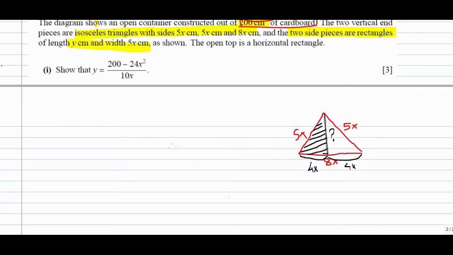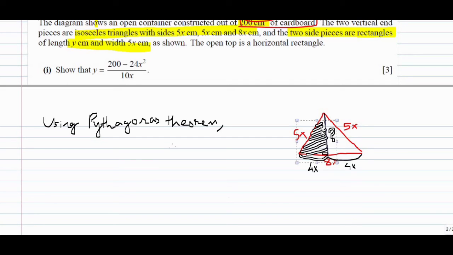For that, let us make use of that shaded right triangle, which has the hypotenuse 5x centimeter and the base 4x centimeter. So by Pythagoras theorem, the square of hypotenuse is equal to the sum of the squares of other two sides.